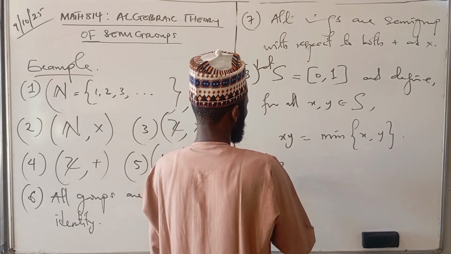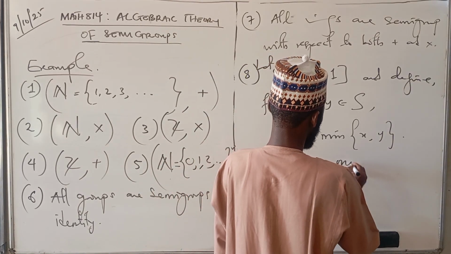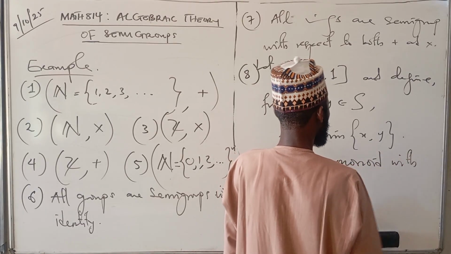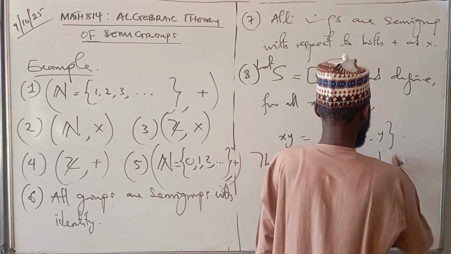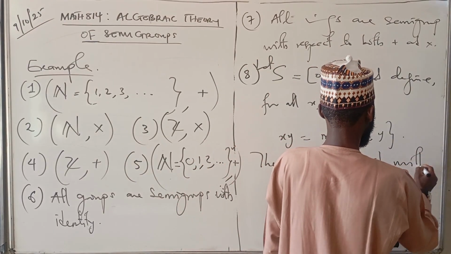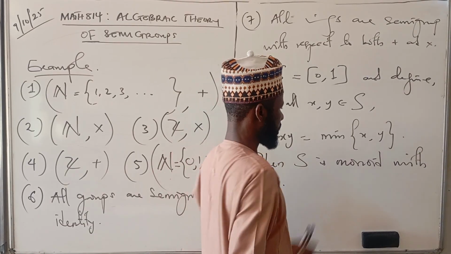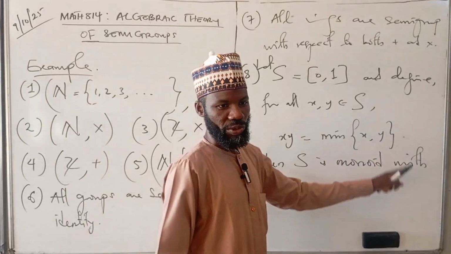Then S is a monoid with 0. So identity will be 1. So it is a semigroup with 0, which is also a monoid. So it's a monoid with 0. The identity element is easily seen to be 1.